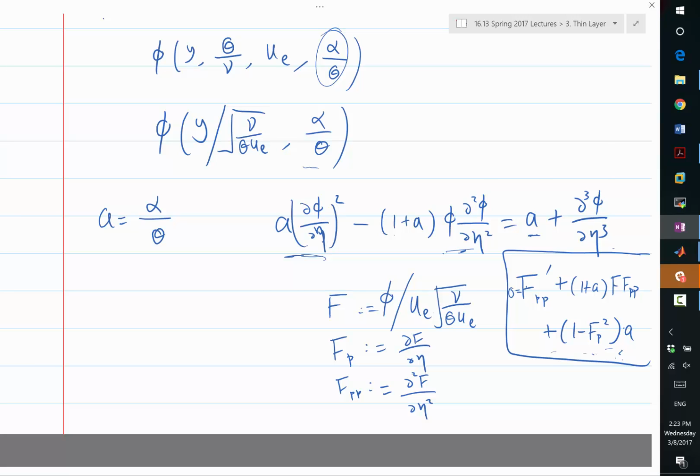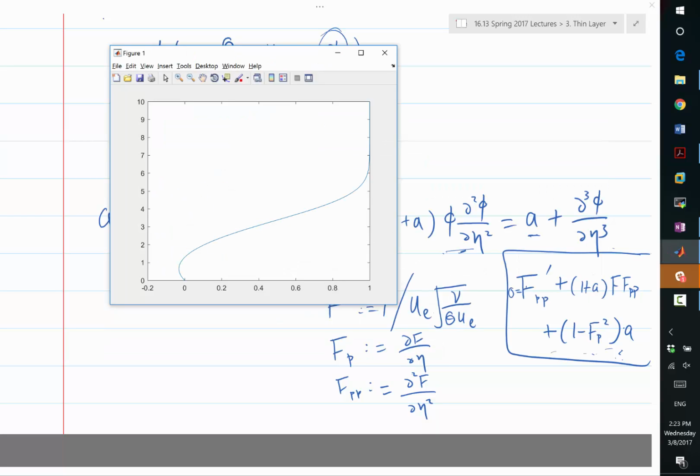This Falkner-Skan solution you would never see in experiment, because as you get close to separation, the flow becomes infinitely unstable. So basically it's impossible to even get a self-similar solution. You can do Falkner-Skan solutions by putting a wedge.